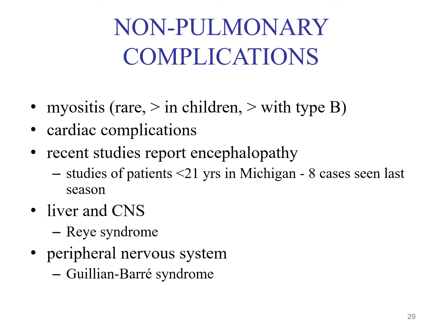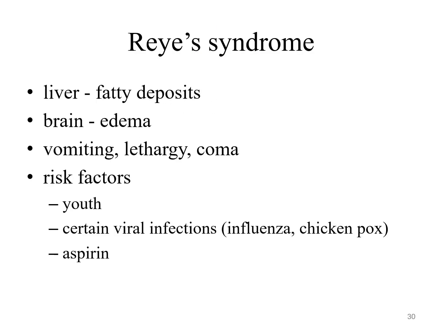Also, liver and CNS involvement might be seen in children who are treated with aspirin, in the form of Reye's syndrome. And very rarely we can see peripheral nervous system involvement in the form of Guillain-Barré syndrome. Reye's syndrome is characterized by fatty deposition in the liver, brain edema, vomiting, lethargy, and coma.